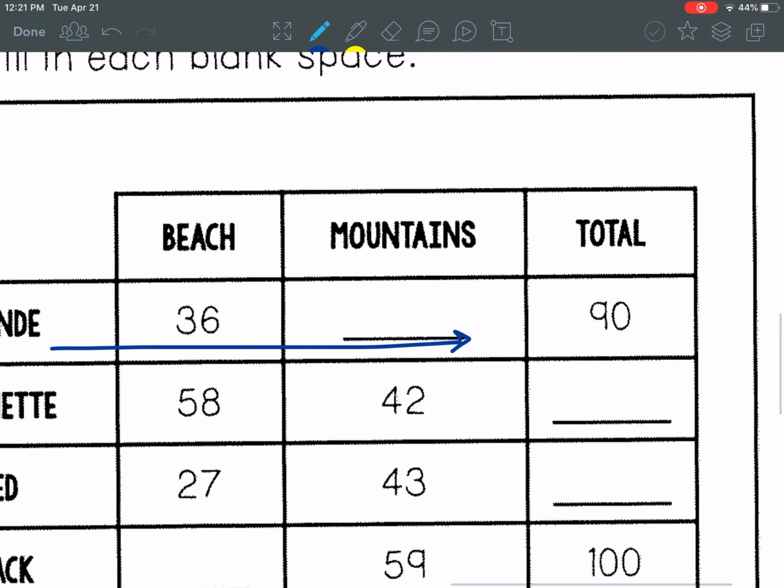So 36 plus this value has to equal 90. So let's subtract them to find that missing number. 90 minus 36. So we have 54, and that should work out.